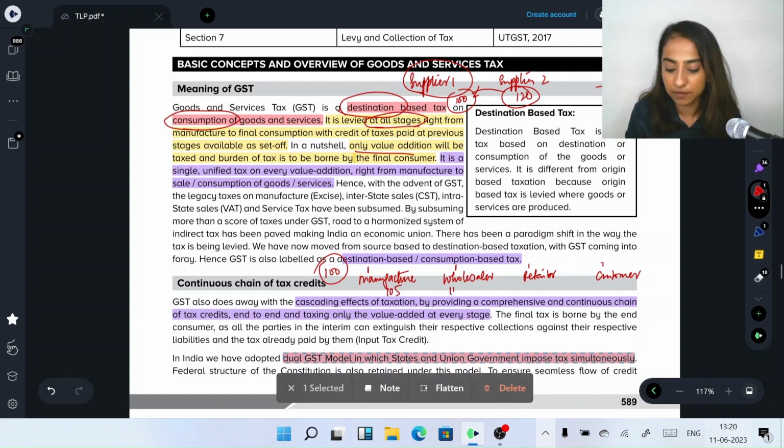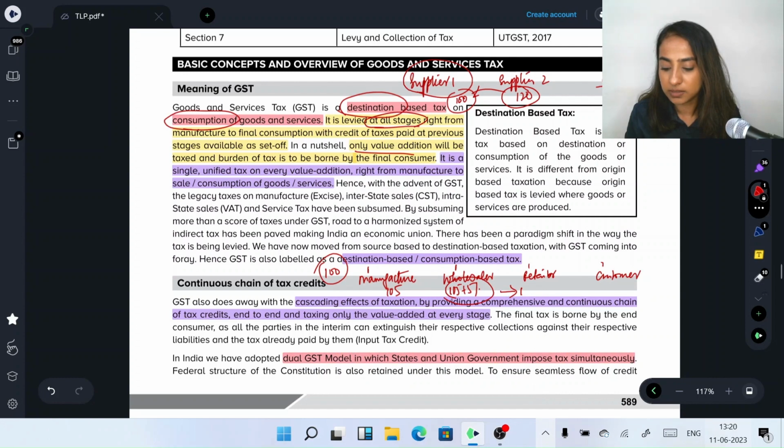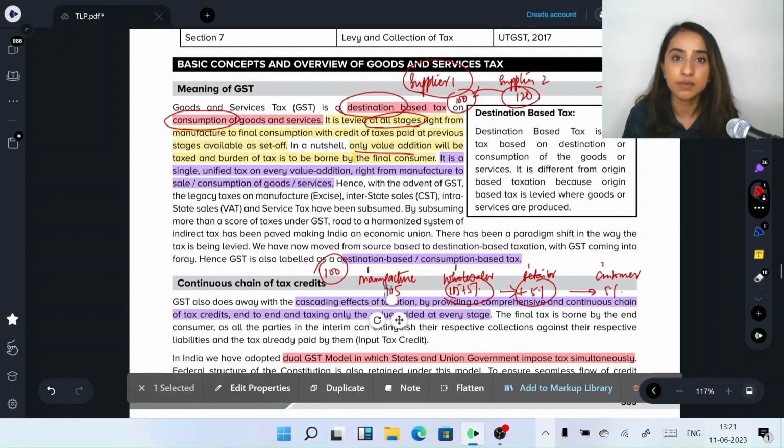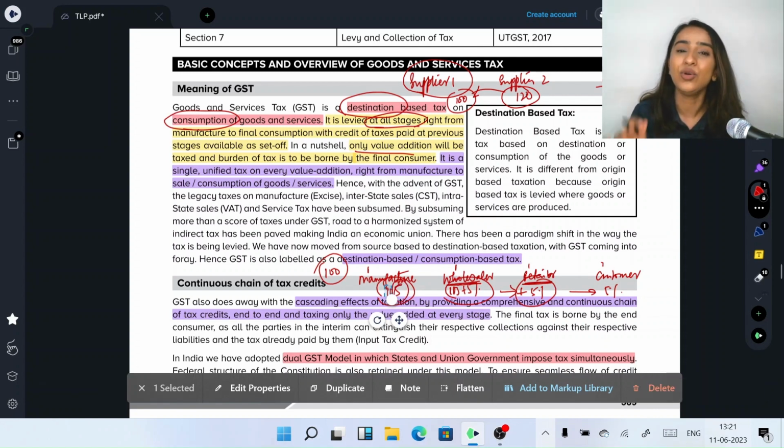Now again this 105 plus 5%, then this plus 5%, and then again this plus 5%. Don't you think GST is getting levied at 5%, 3 times, isn't it? Is that the motive of GST? No. So whoever pays taxes is going to claim the credit of this 5 rupees GST that they have paid earlier. Only the one who is going to actually consume the goods is going to bear the whole cost of GST.